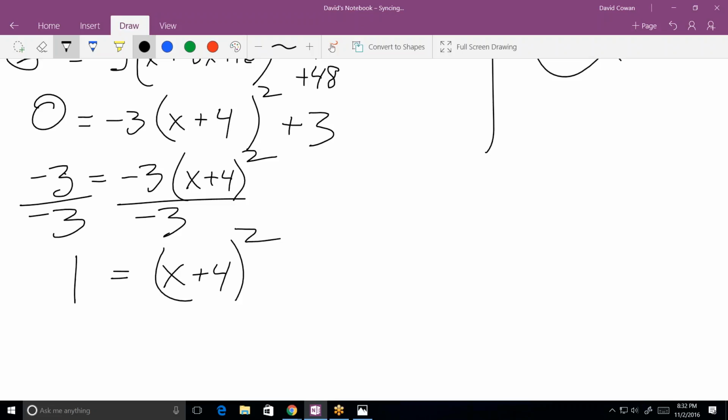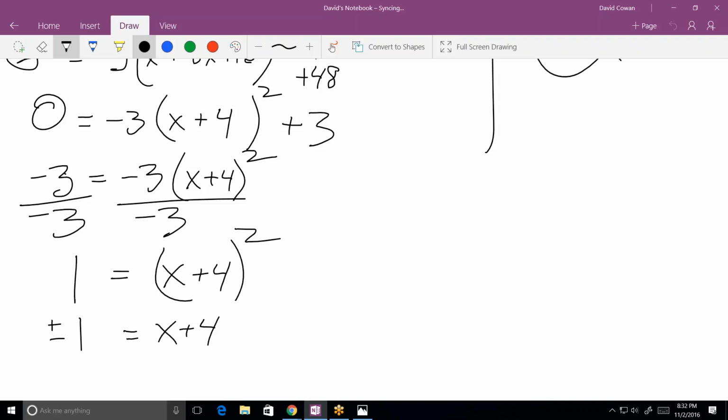Now what? We'd square root it. So what do you get? Square root of 1 is equal to x plus 4. First of all, it's plus or minus, and the square root of 1 is 1.